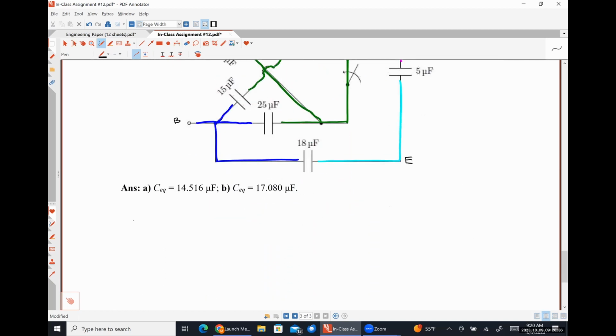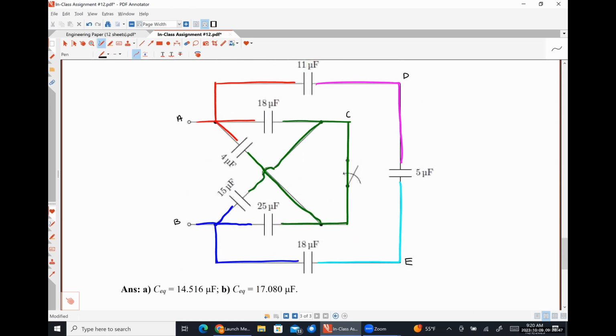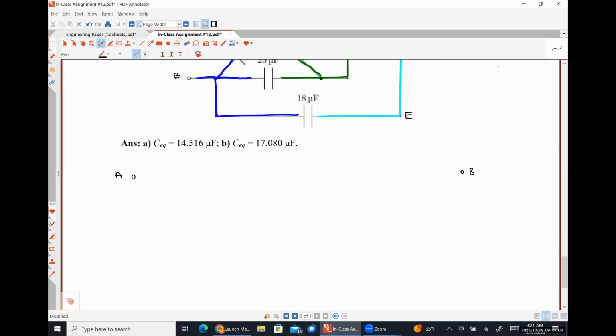If I'm finding the equivalent capacitance seen between terminals A and B, I'm going to treat this exactly like a resistor problem. I put A and B on opposite sides of the page, and now I'm going to play connect the dots. There are multiple different routes that I can take. Let's start with what's probably the easiest one, around the outside loop, going from A to D to E to B. So let's put D here, E here.